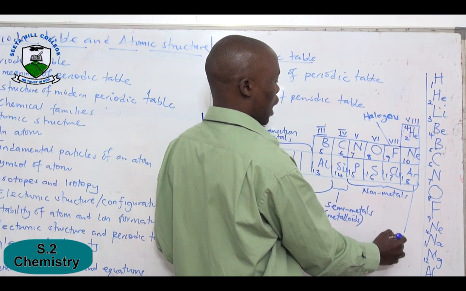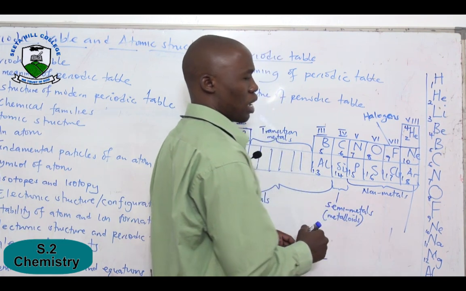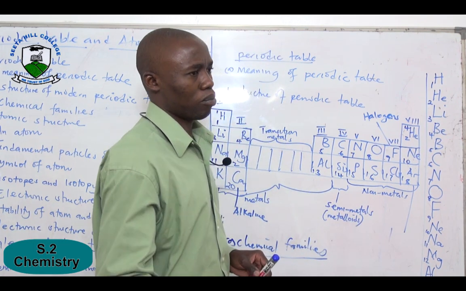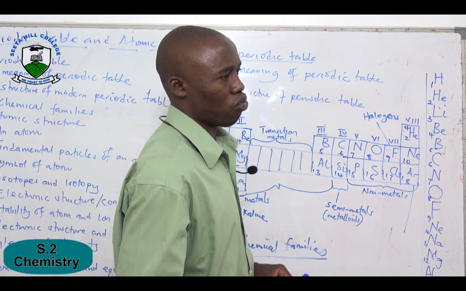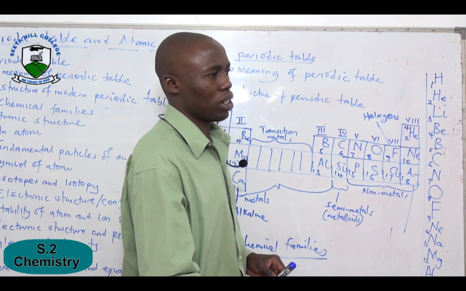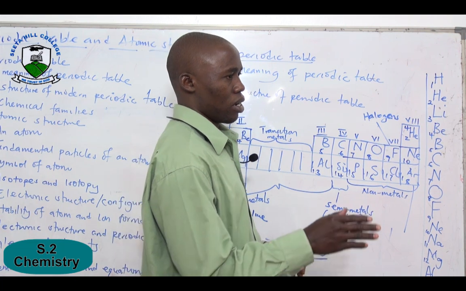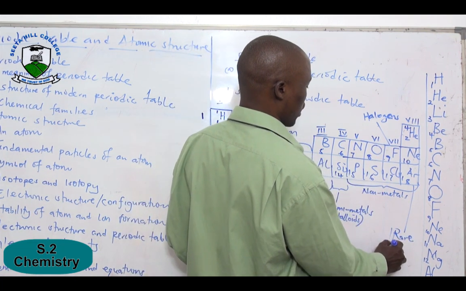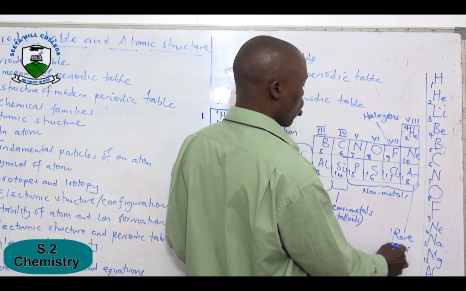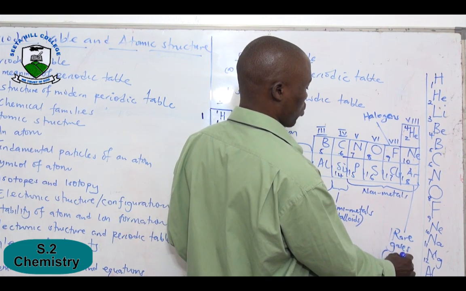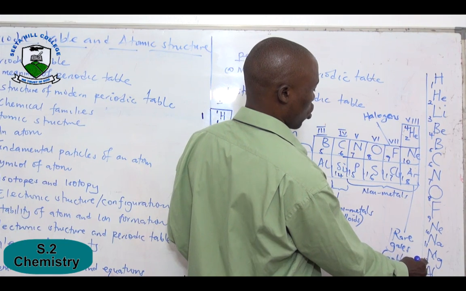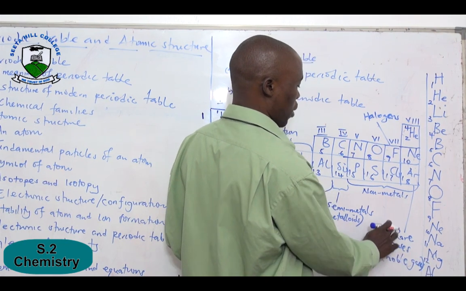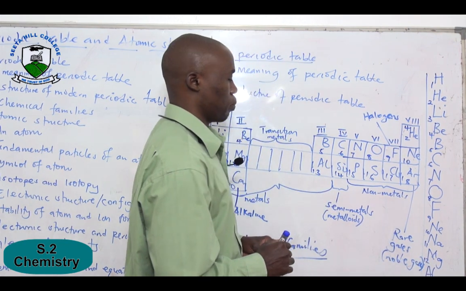Group 8 are called, from the air discussion in senior 1, rare gases. Thank you very much. They were called rare, or noble.